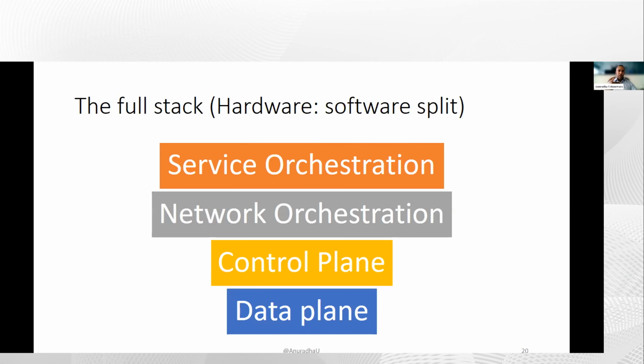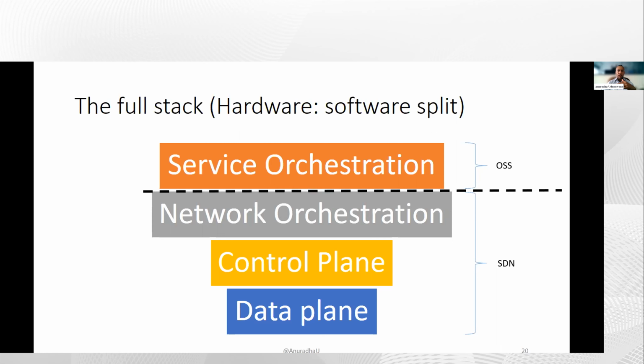So your stack is a mix of hardware and software. We have the data plane, which is your transport infrastructure. Then you have your control plane, logically centralized. Then you have network orchestration, service orchestration, OSS, BSS, the full stack. But you can have basically two splits.